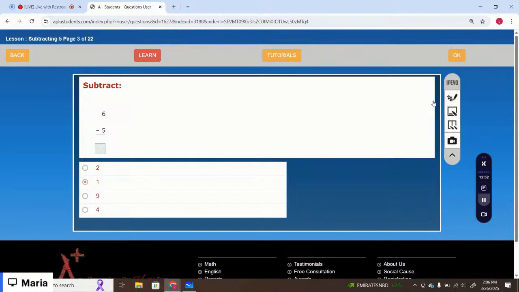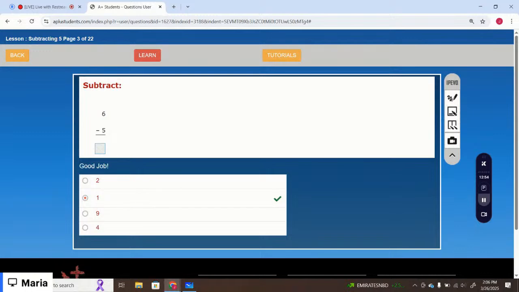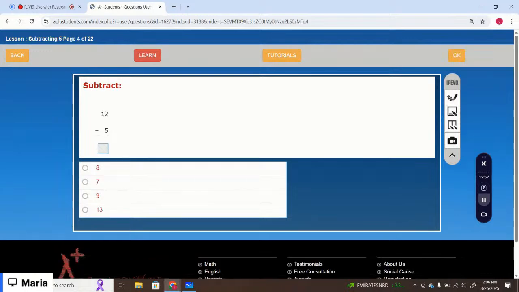Option number 2 is the correct option. Next, 12 take away 5, which is the correct option? 12 take away 5 is 7. That's option number 2. Very good. That is 7.